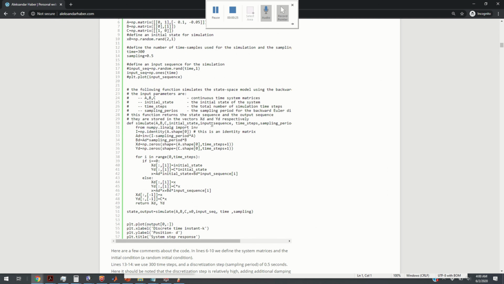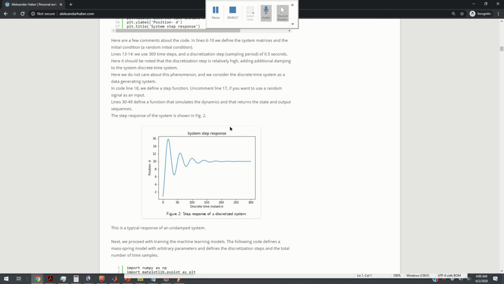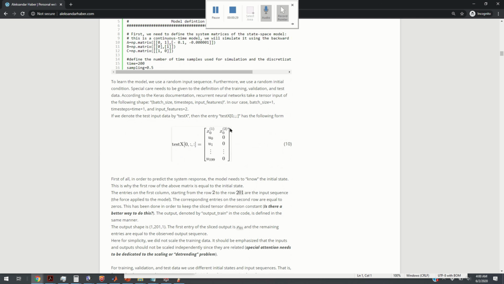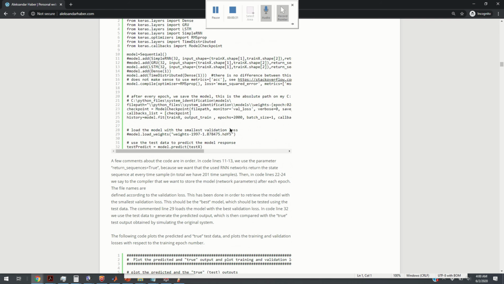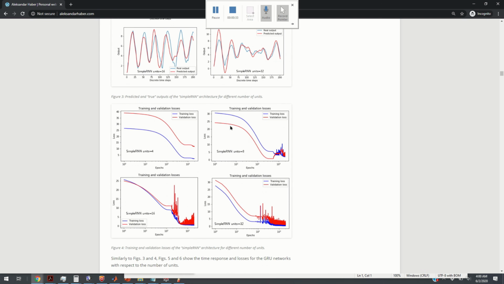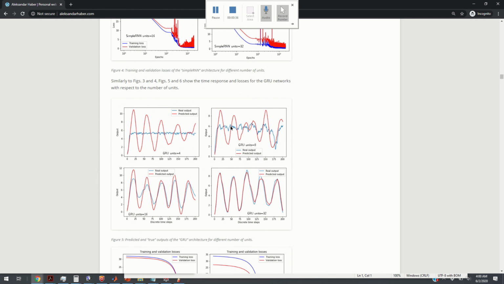I explain the codes. Then I present some results, and finally I give some conclusions and some future directions for using recurrent neural networks for estimating models of dynamical systems. A link to this post is given in the description below.